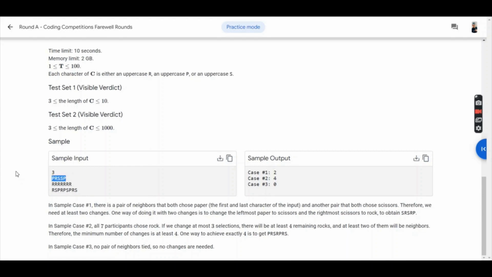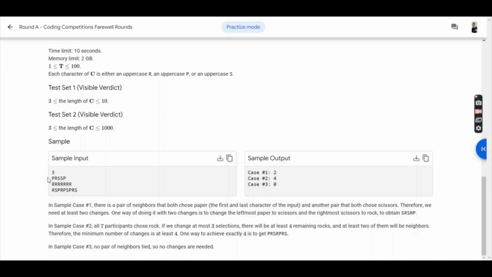One thing to mention is that they are sitting in a circle, so the last person is going to compete with the first person. So the last and the first cannot be the same.